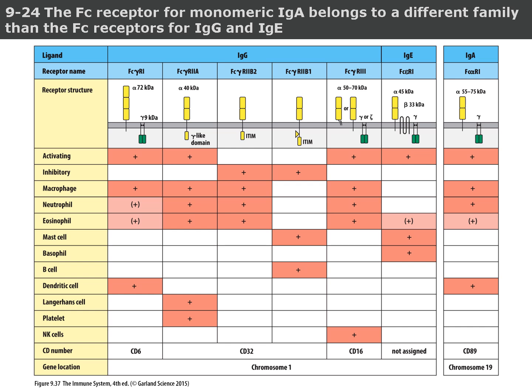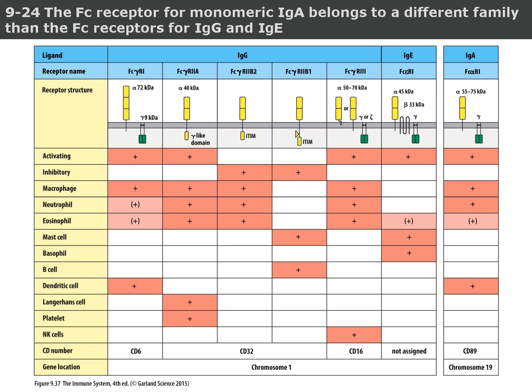Some are activating, like Fc gamma RI and RIIA, while others, such as RIIB2 and RIIB1, serve inhibitory roles. These receptors are expressed across a variety of immune cells, including macrophages, neutrophils, dendritic cells, and even platelets and NK cells.